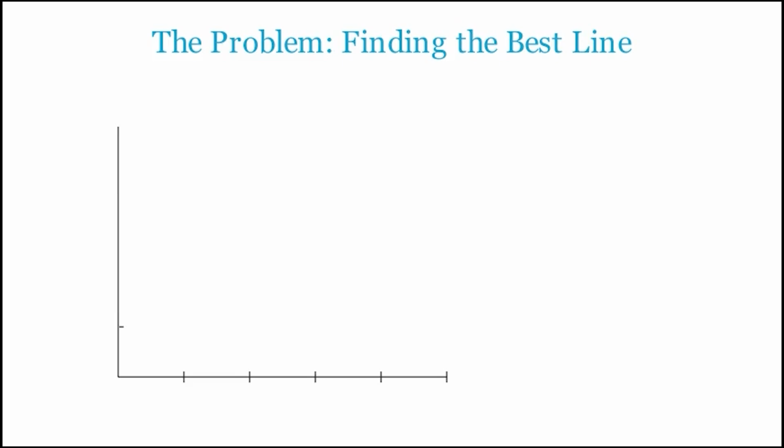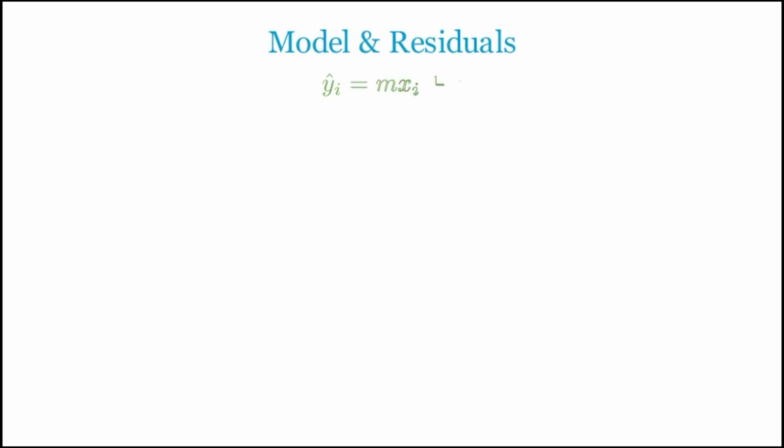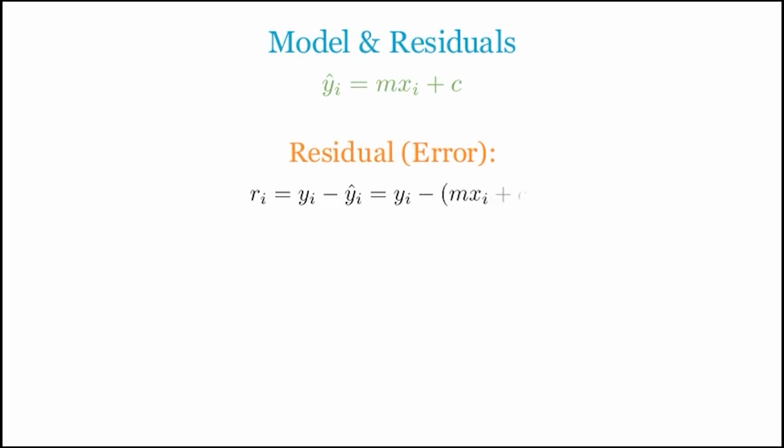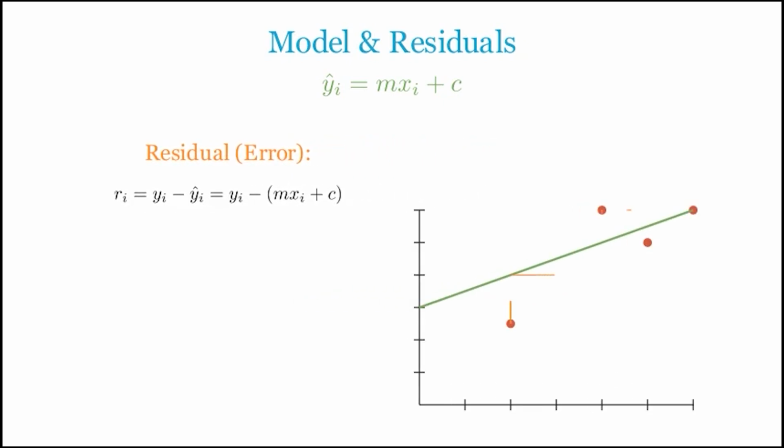In this method, we want to fit a set of data points using a straight line. So we propose a model y bar which is equal to mx plus c. Our goal is to find the best possible m and c. For that, first we define the residual. Residual is y minus y bar. Then we take the square of this residual.